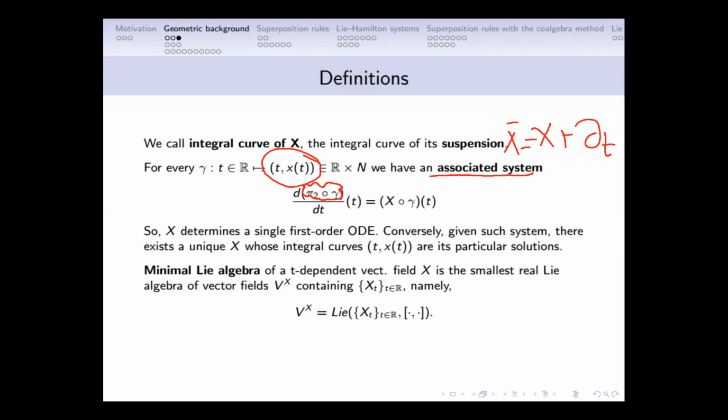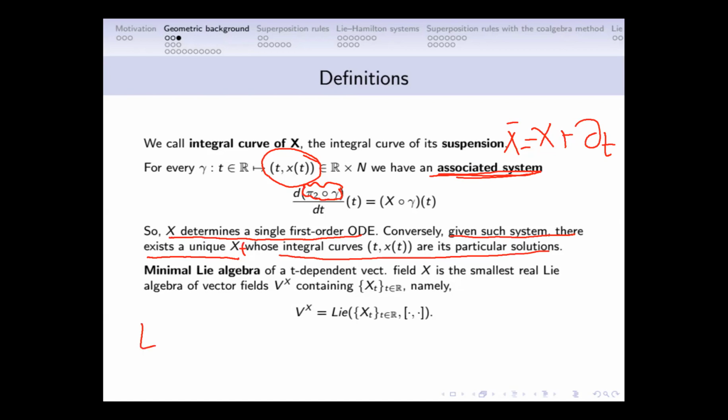And here, by composition, this will be the same case. So that means that we are able to define through a time-dependent vector field an associated system the same way as we do for a regular vector field. And it's going to determine a single first-order ODE, and conversely, given such a system, there is a unique time-dependent vector field whose integral curves are the particular solutions, okay?